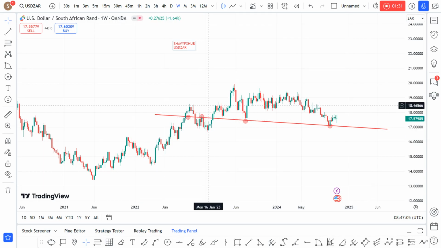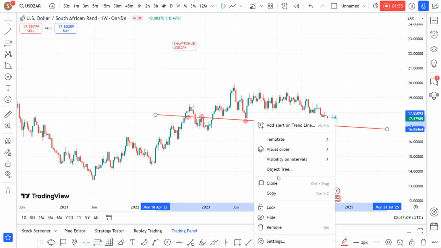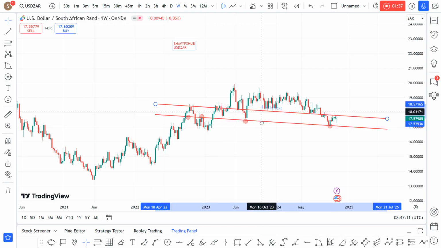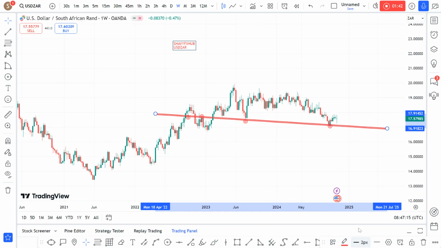So this is what we see here, and USD looks ready for the uptick. So dear South Africans, it's okay for you to see that your currency is about to go up.